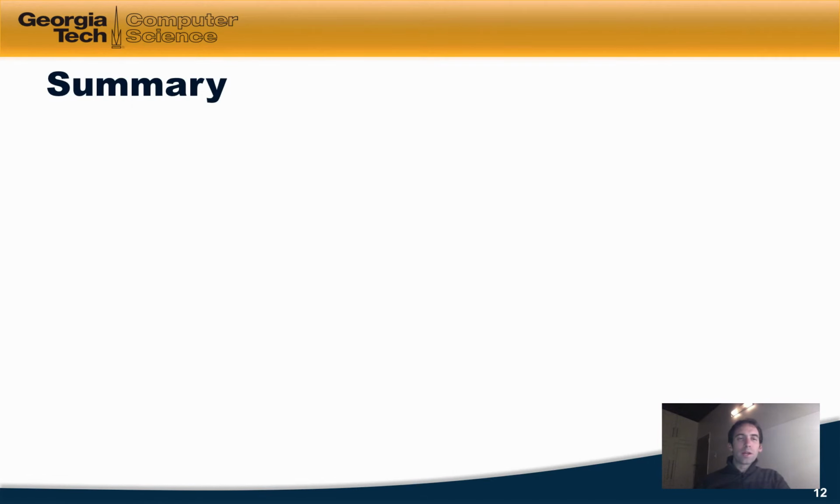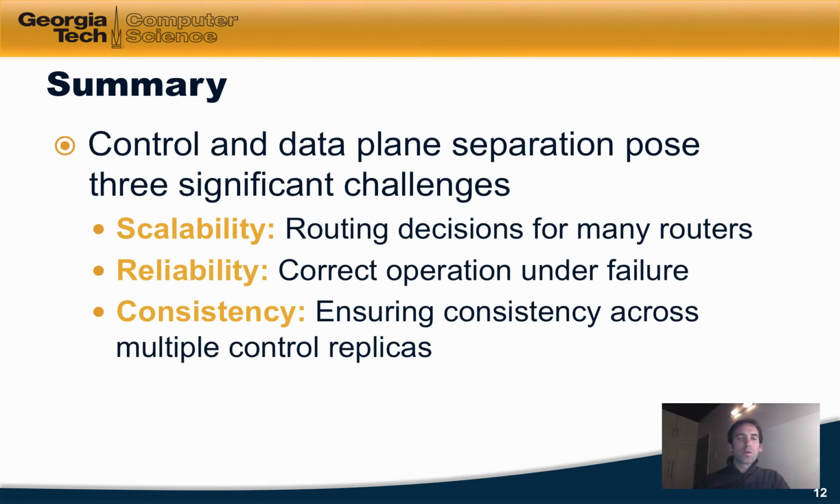So, in summary, separating the control and data plane poses three significant challenges. One is scalability. In particular, a single controller must now make routing decisions or various control plane decisions on behalf of many, many network elements that were previously each performing those computations independently for themselves.